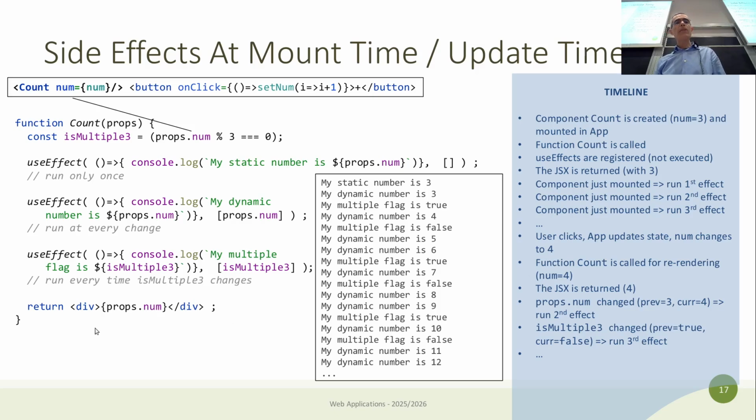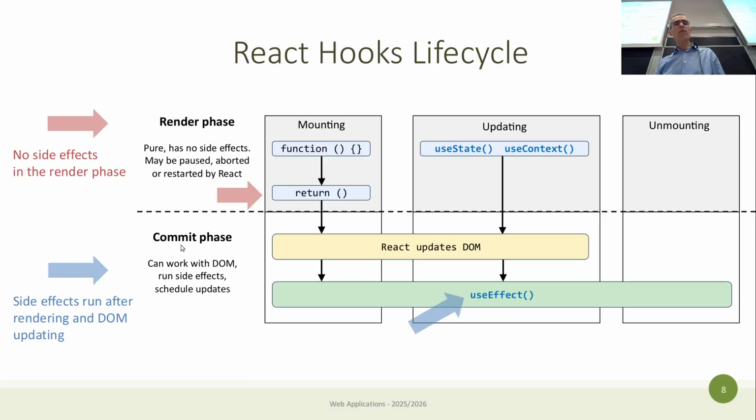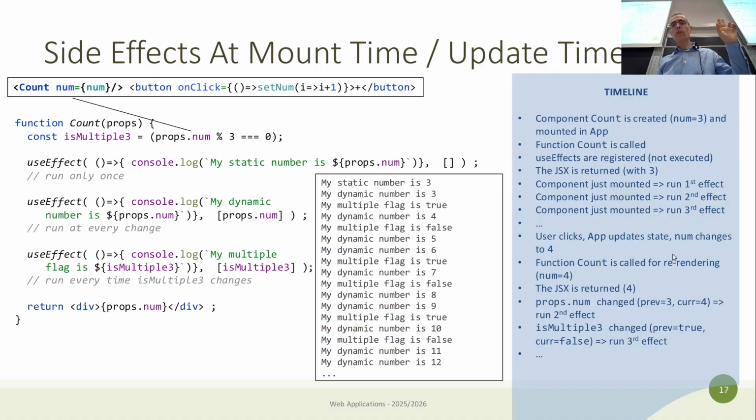The component then enters, you remember, the commit phase. After the render, we got the return value, we enter the commit phase, and we have 3 useEffect hooks which have been registered. The component has just been mounted. We don't care about the list of dependencies.